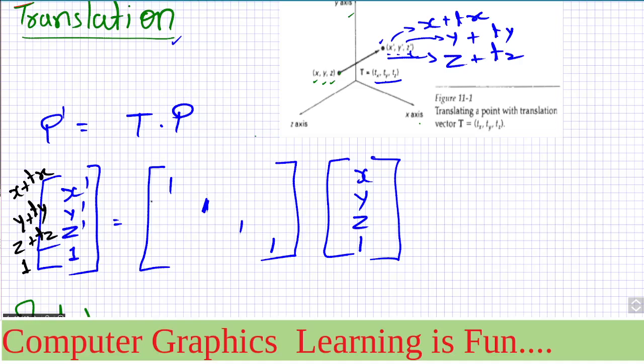So can you tell me what should be the matrix so that we could get this result? For the last column, it will be tx, ty, tz, and then 1, and all remaining elements are 0. These diagonal values are 1.